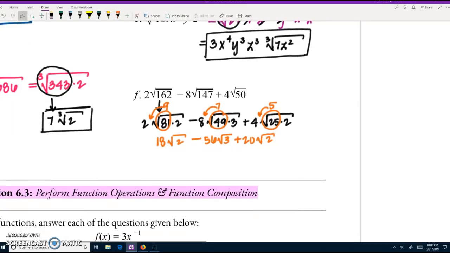At this point, I can only add and subtract roots that are both alike in index and also in the contents that are inside. So the 18 root 2 and the 20 root 2 can combine. 18 of one and 20 of the other will give me 38 times the square root of 2. And then I'm subtracting off 56 times the square root of 3.